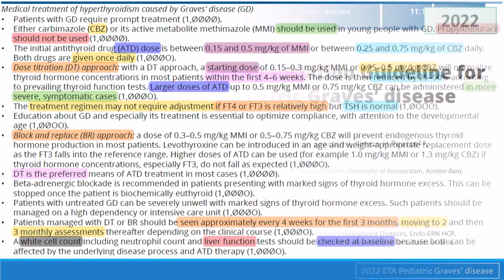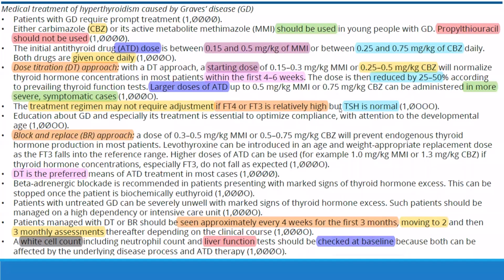What is the difference between management of Graves in adults versus pediatrics? First of all, as I mentioned previously, carbimazole or its active metabolite methimazole should be used in young people with Graves' disease. Propylthiouracil should not be used. The initial dosage of methimazole is 0.15 to 0.5 milligram per kilogram.